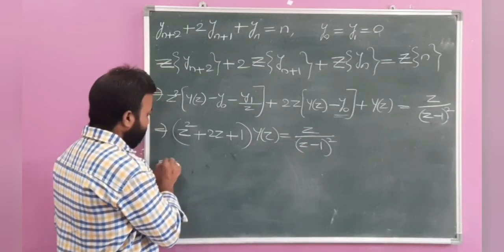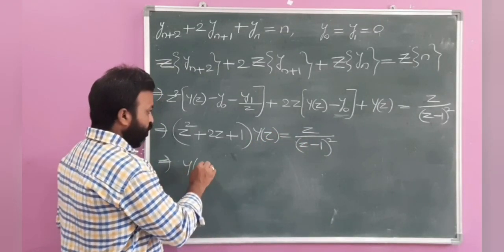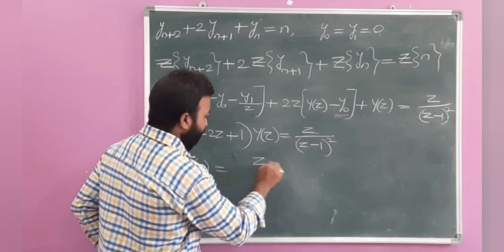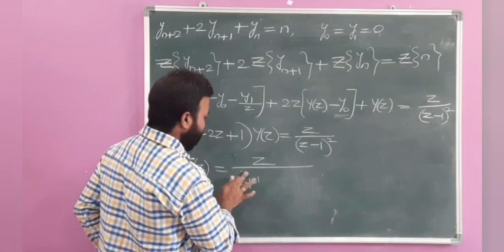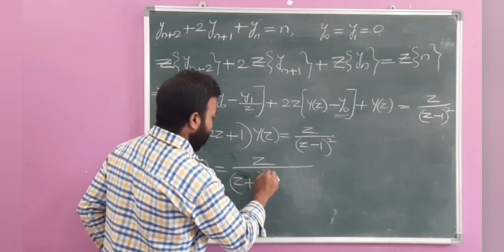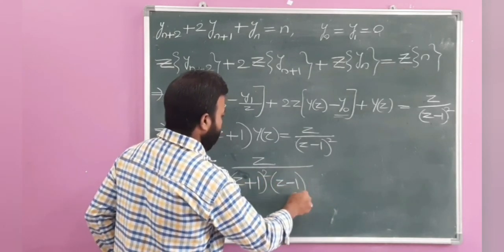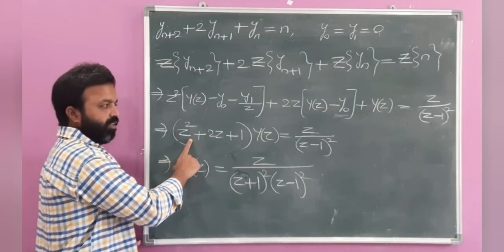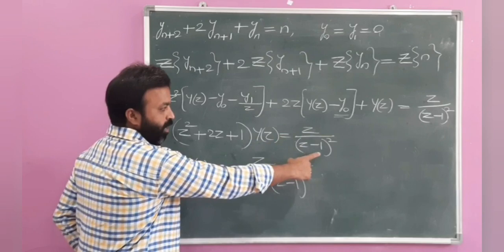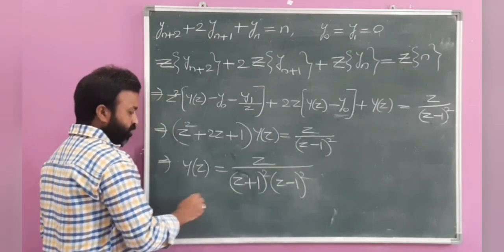So now this can be written as y of z equal to z by z plus 1 whole square into z minus 1 whole square. So this is the expansion of z plus 1 whole square. On cross multiplying, we get z by z minus 1 whole square into z plus 1 whole square.